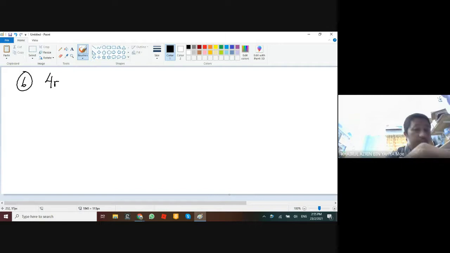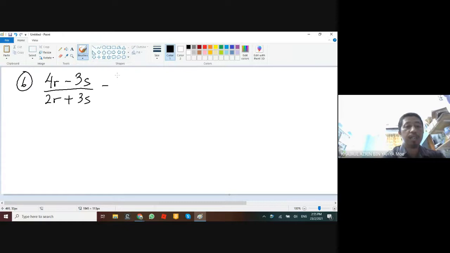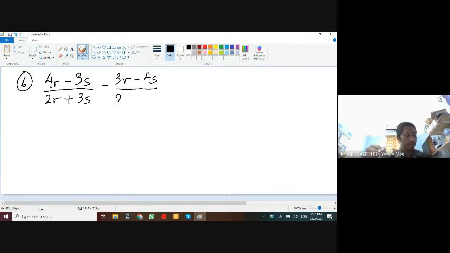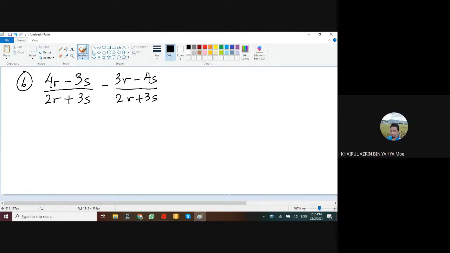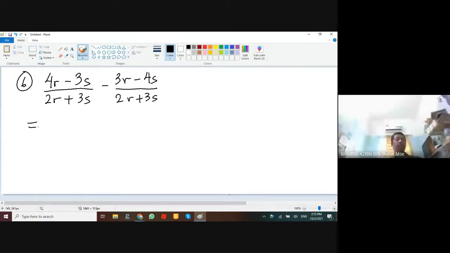This is still easy to do because the denominators 2r plus 3s are equal.